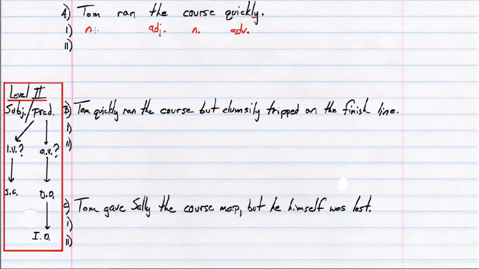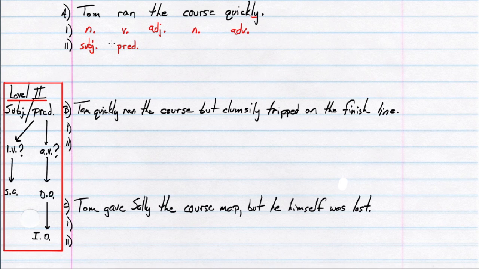Tom is a noun, concrete noun, also the subject of the sentence. So I'm just going to pop down here and hit subject because this is the person we are talking about. Ran, there's my verb. I don't have one yet. That's an action verb. I'm going to make note that that's an action verb. It's also, I can pop right down beneath it and put predicate.